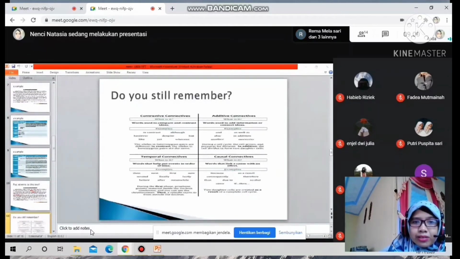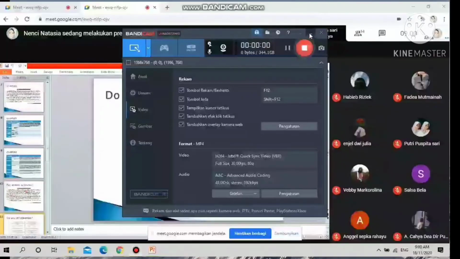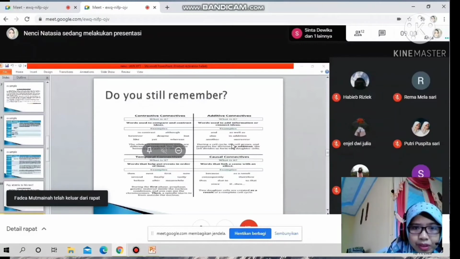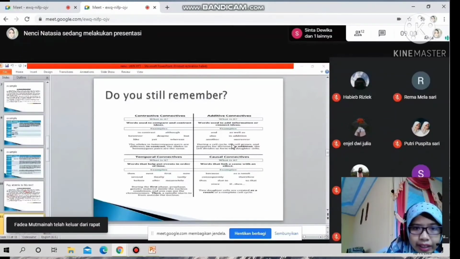Let's go to the temporal connective. What is it? Words that help put events in order of time. Examples: then, next, first, now, second, finally, lastly, before, after, meanwhile.